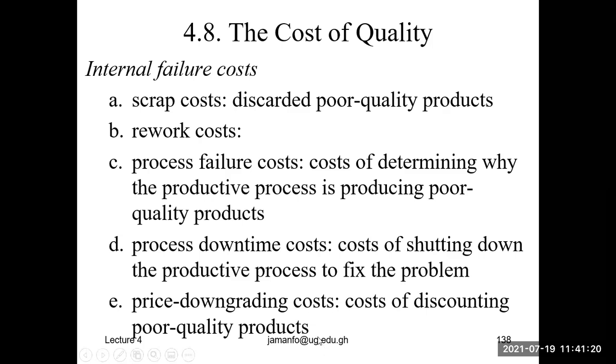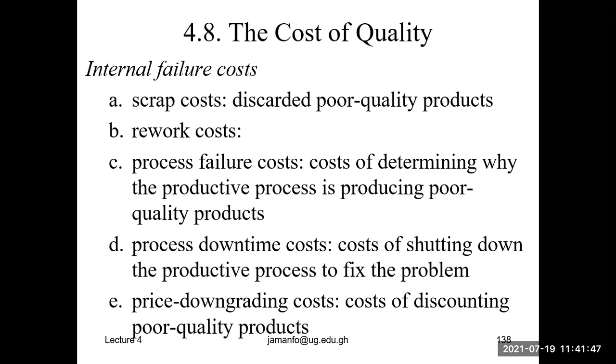And then price downgrading. Sometimes when the products are not conforming, we may want to downgrade the price and sell it like that. We discount the product, like what we normally call the store reject.